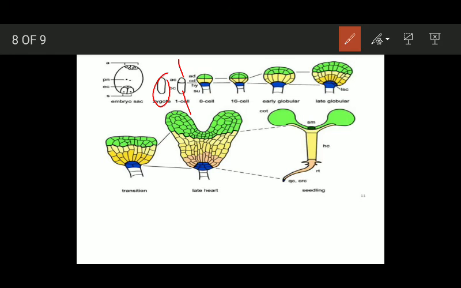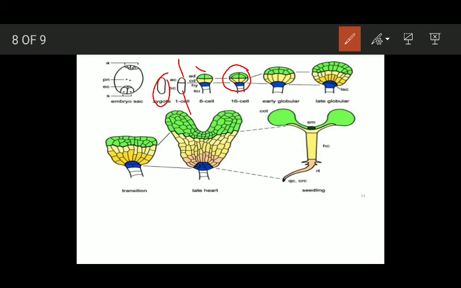The apical cell divides by two transverse vertical walls at right angles to each other, resulting in the formation of the quadrant. And this quadrant divides transversely, forming the octant. The octant has not been shown here. All the cells of the octant divide periclinally, resulting in the 16 cell stage.